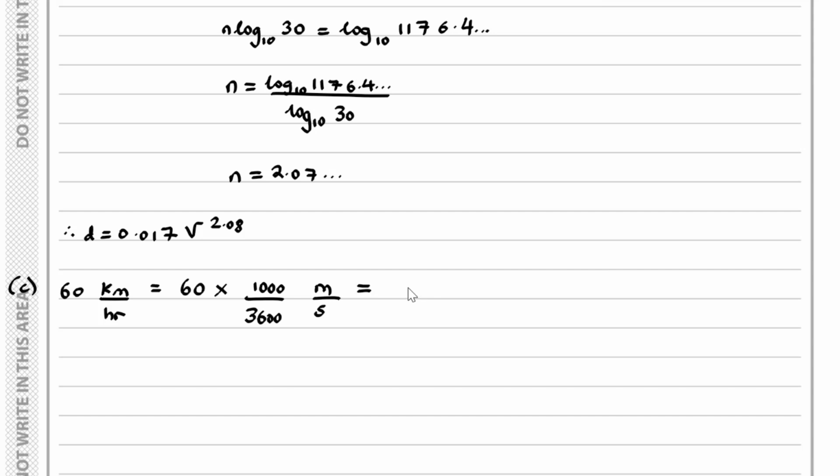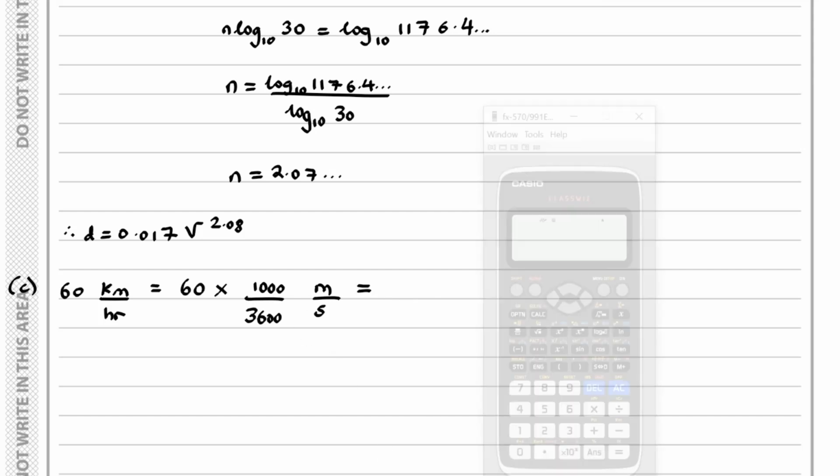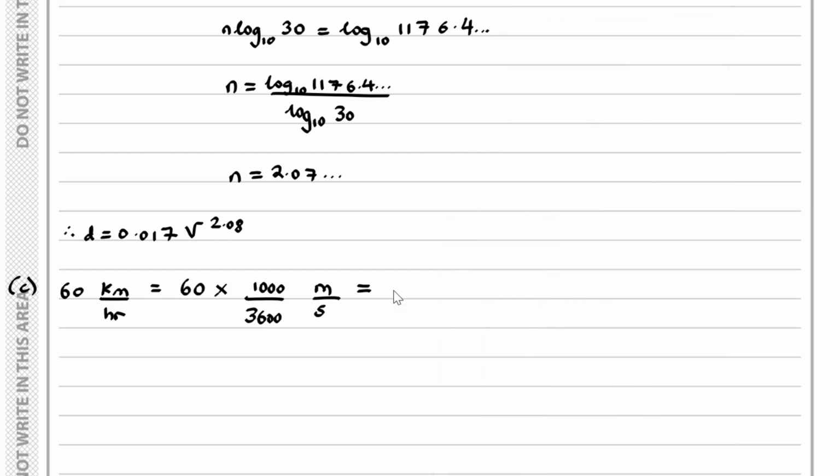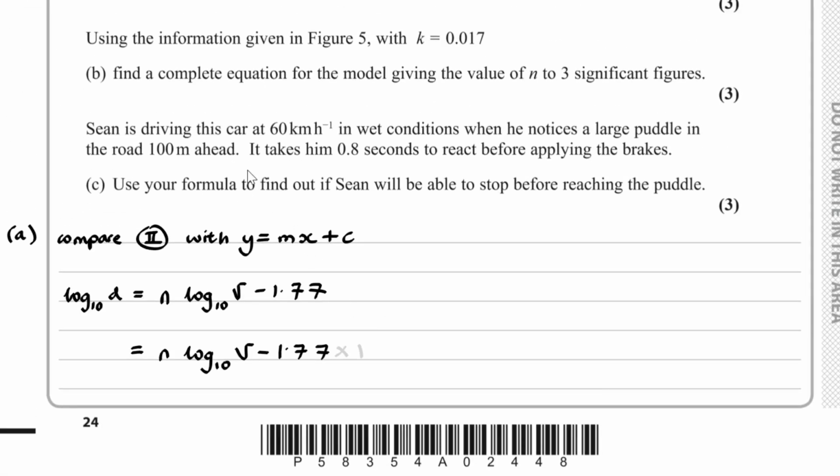So working this out, we have 60 divided by 3600 times 1000, that's equal to 16.6 recurring. So we have 16.6 recurring meters per second. Okay, so therefore he's driving his car at 16.6 meters per second.